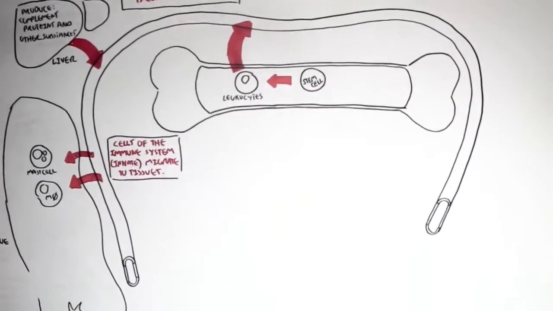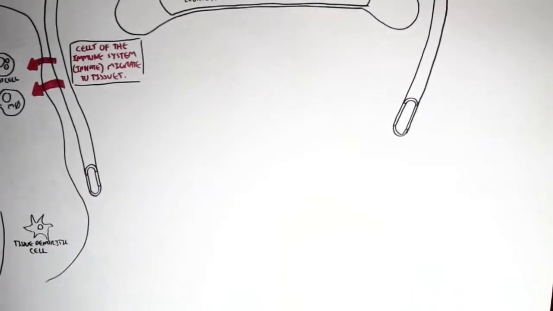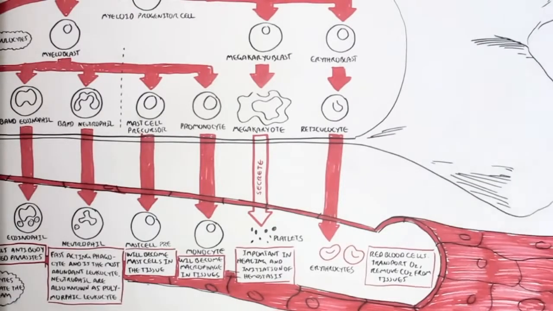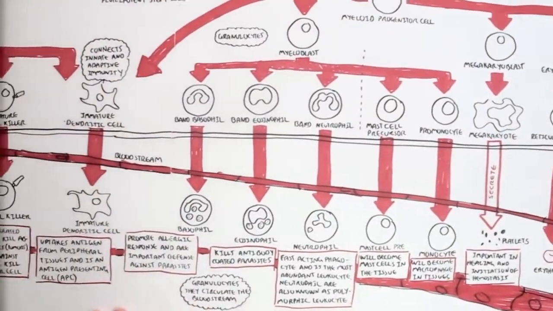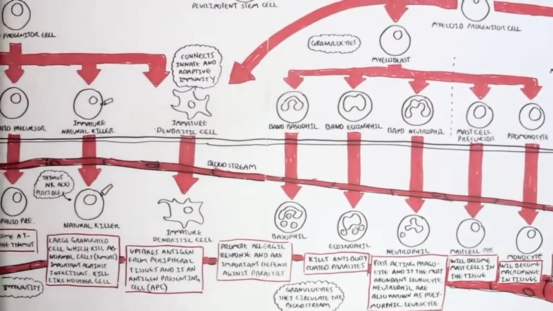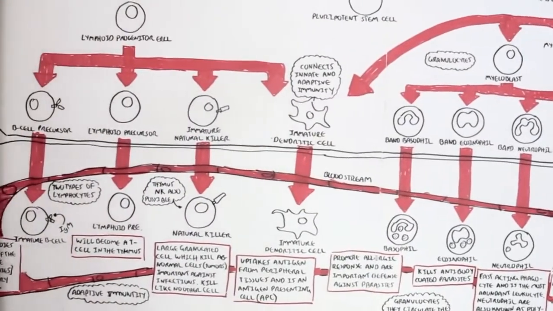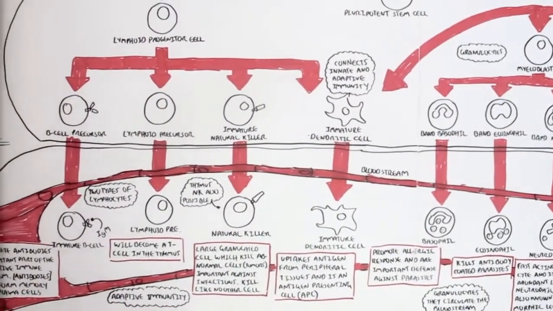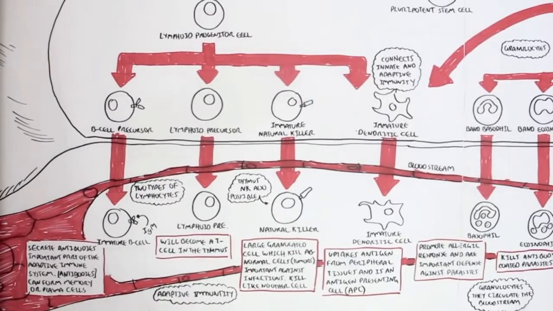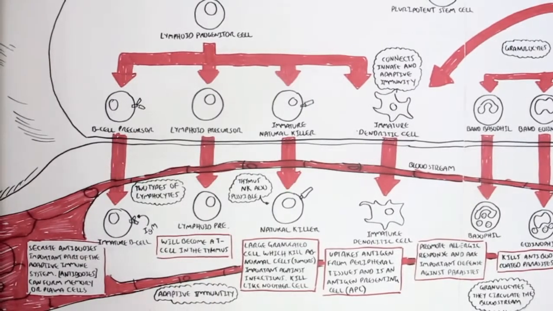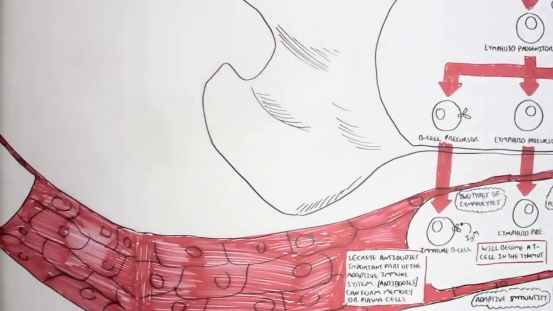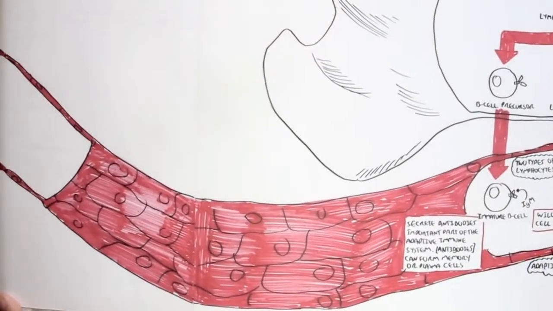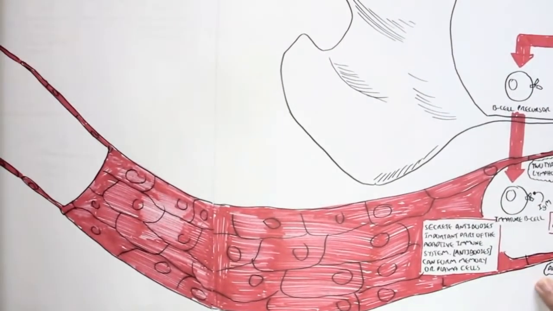Okay, now let's go back to the big immunology map. We saw how the pluripotent stem cells gave rise to all these different cells, and now they're in the bloodstream. Some are immature, some are precursors, and some will just circulate, such as the granulocytes. We will mainly concentrate on this cell here, the lymphoid precursor cell, and follow it into the thymus. That's our main goal. But we will also learn about all the associated organs which we will pass.